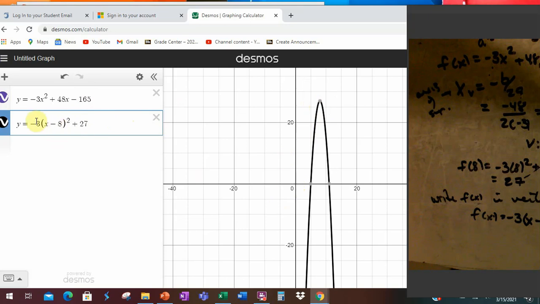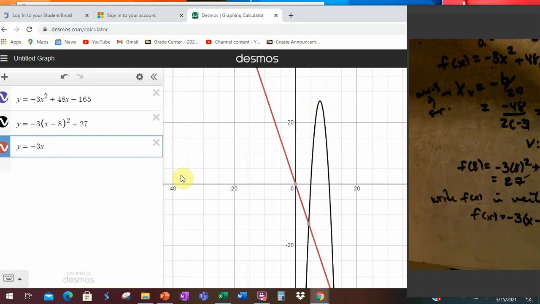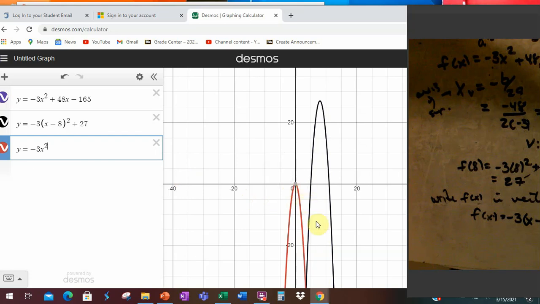If I do a transformation on a base function, what does it look like? If I go here, my y is equal to negative 3x squared. This is the same thing, so this is the same shape as here. Everything's going to be the same except this point is now moved over and then up. Over 8, up 27. So this now looks like this, minus 8, plus 27.